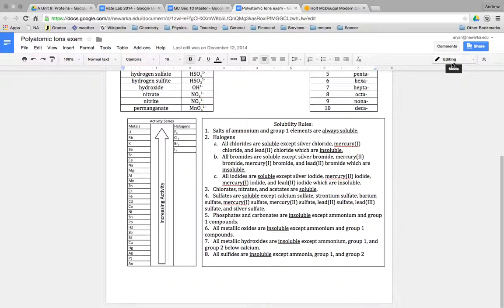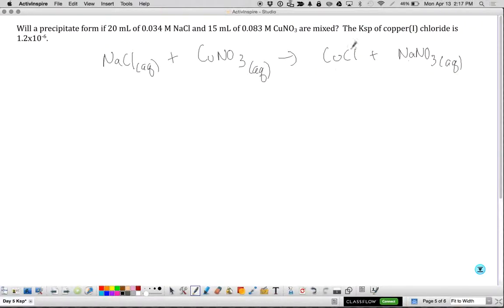But copper 1 chloride, silver chloride, mercury 1 chloride, lead 2 chloride, which are insoluble. All right, copper chloride, maybe not. So copper 1 chloride has a KSP of this. So that's going to actually be the one that we're going after.